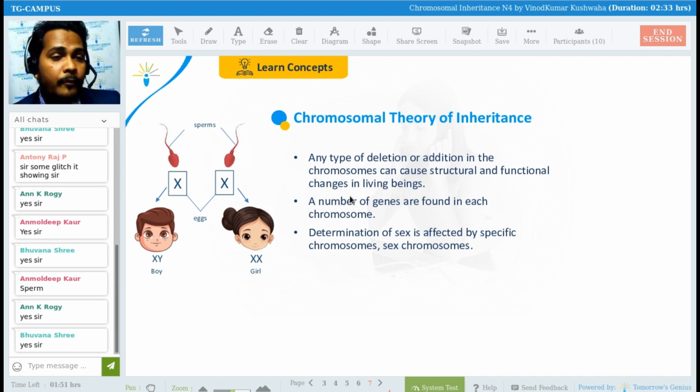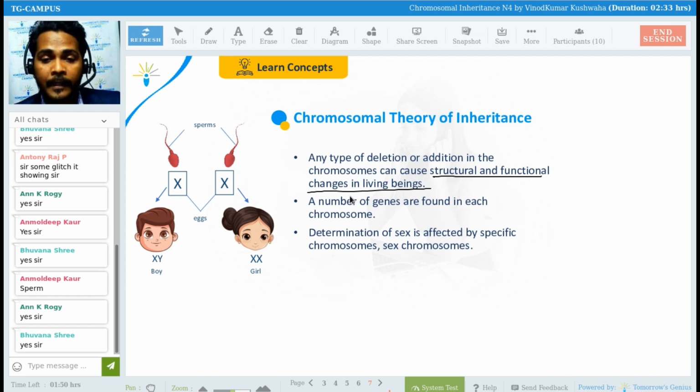Now another one, any type of deletion. As I told you, if there is any deficiency in the particular chromosome or particular gene, deletion, or addition, meaning an extra addition can also happen, that causes a structural and functional change in living beings, meaning they are going to be changed structurally as well as functionally.